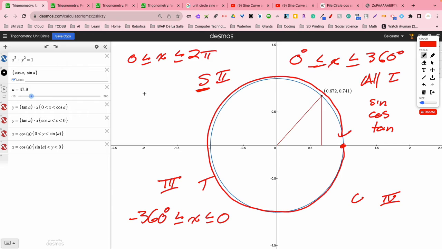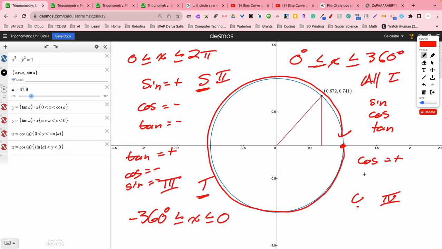If we come over to quadrant 2, only sine is positive. Cos will be some negative value, tan will be some negative value. In the third quadrant, tan's the only one that's positive, and your cos and sine are both negative values. And finally, in this quadrant, only cos is a positive value. Tan is negative, and sine is negative.